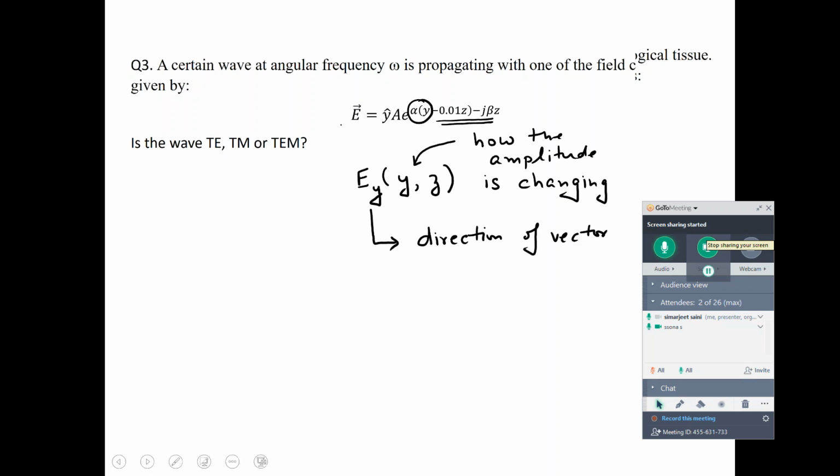It's basically saying that this electric field vector is pointing in the y direction, so we write E subscript y to remind us that the electric field is pointing in the y direction. So I have a field which is pointing in the y direction and is also changing in the same direction. So that tells me that Ez should exist.